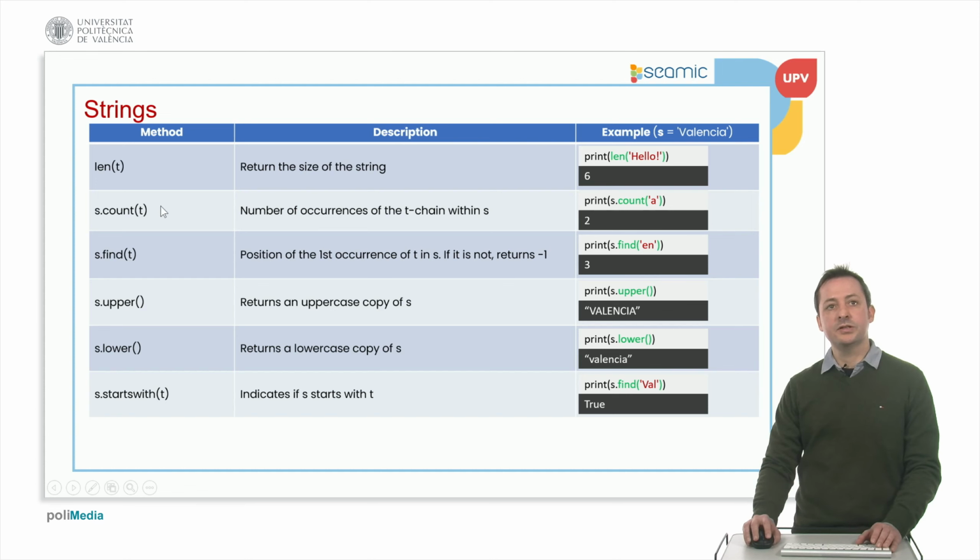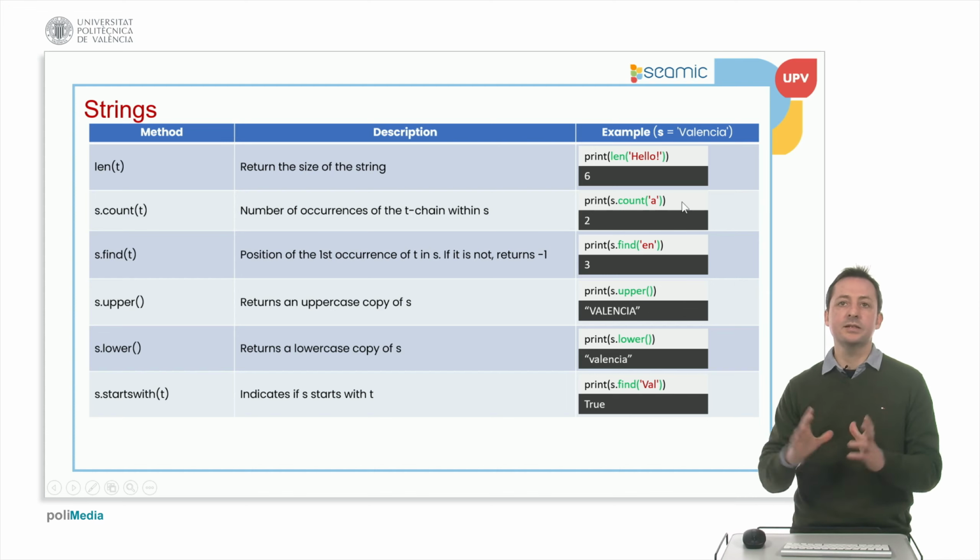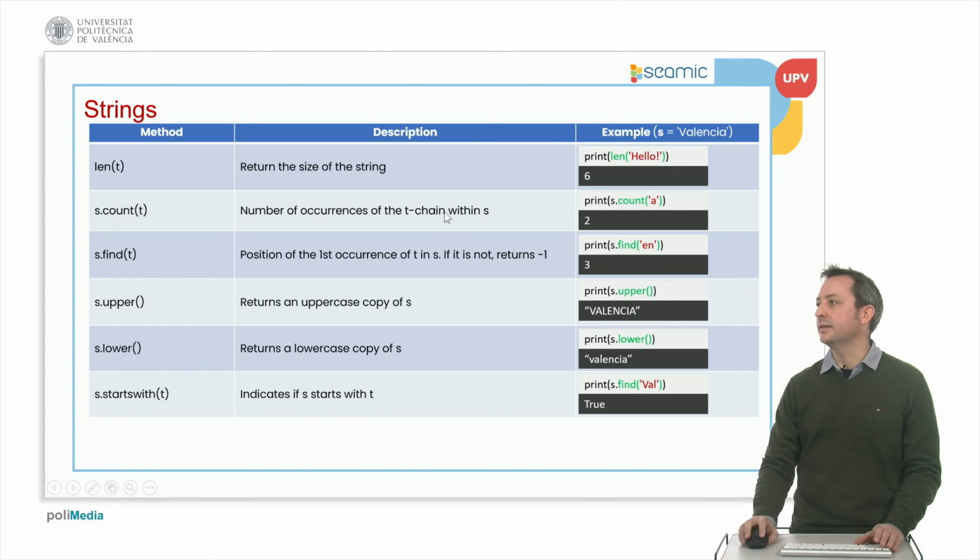Other methods, such as count, provide us the result of counting the number of occurrences of a specific character or chain. For example, by giving some string, let's say Valencia, we can apply this method by writing the name of the variable s dot count and between parentheses those characters that we want to count in this operation.